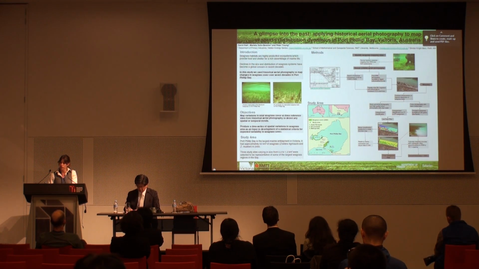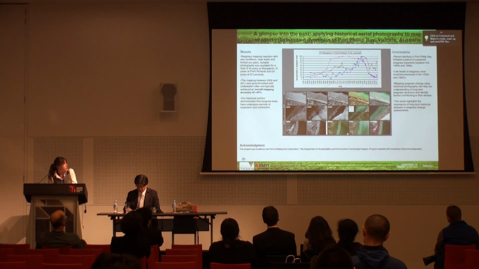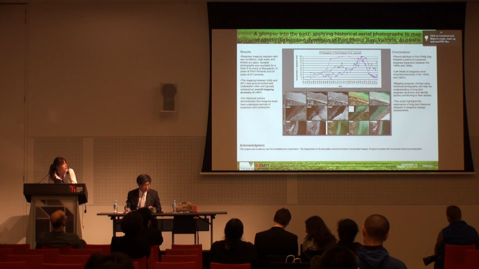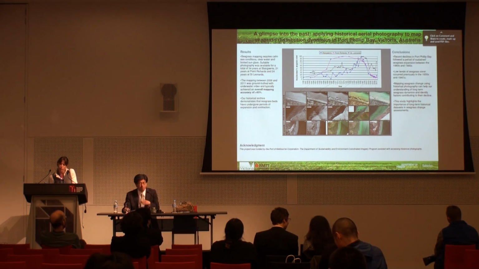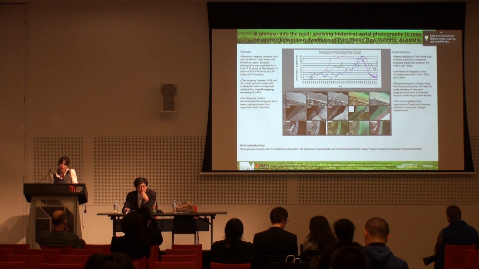So our results, here you can see the 3 sites within Port Phillip Bay that were mapped over time. The first thing that we found was that the 3 areas seem to experience similar trends in terms of seagrass change throughout our study period.